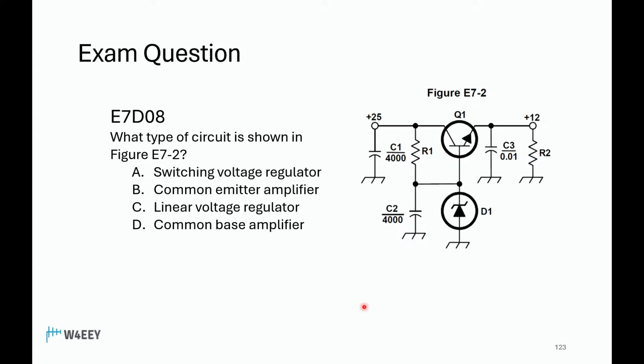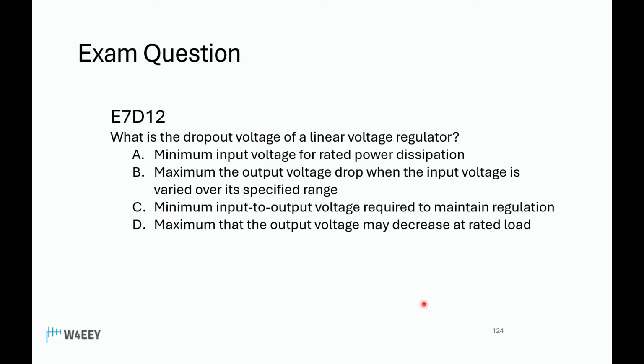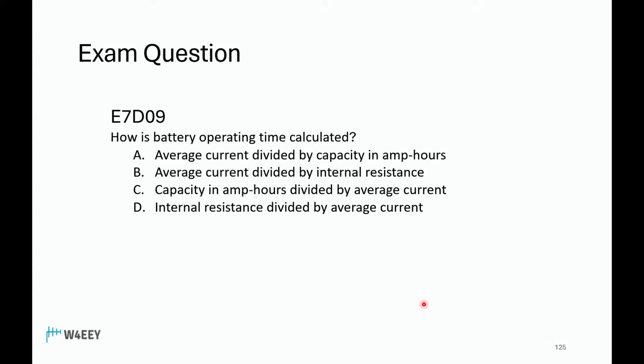What type of circuit is shown here? Charlie, that's our linear voltage regulator we've been talking about. What is the dropout voltage of a linear voltage regulator? Charlie. Minimum input to output voltage required to maintain regulation.